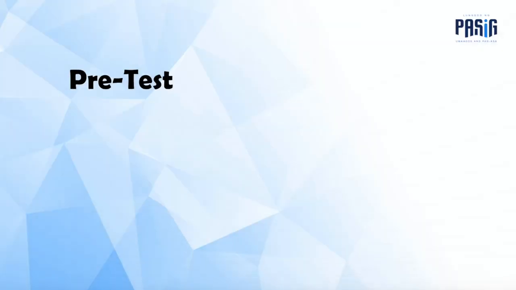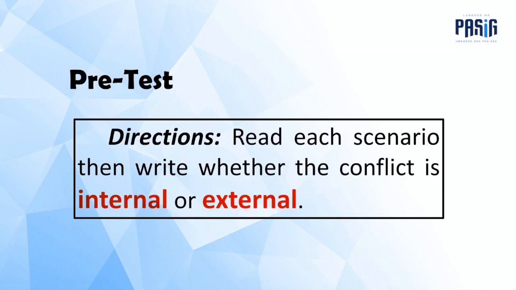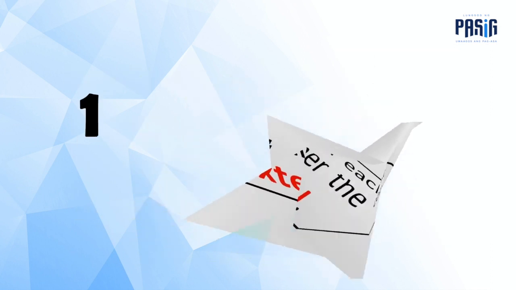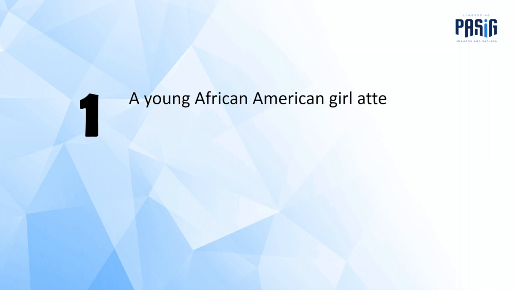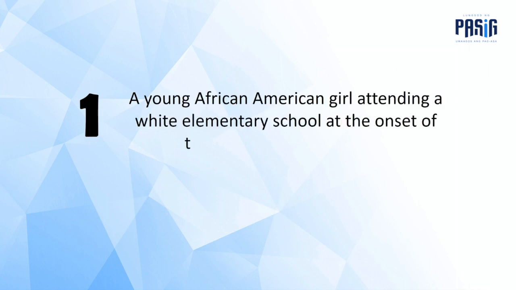For our pretest, read each scenario, then write whether the conflict is internal or external. Number 1. A young African-American girl attending a white elementary school at the onset of the civil rights movement.